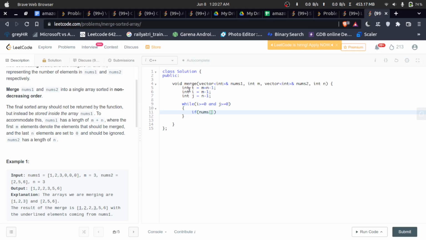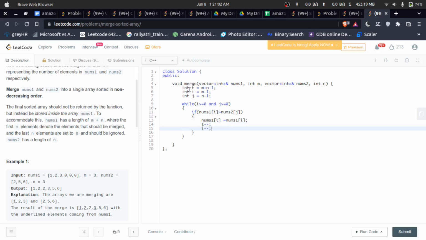If nums1[i] is greater than nums2[j], then nums1[t] equals nums1[i], and t minus minus and i minus minus.